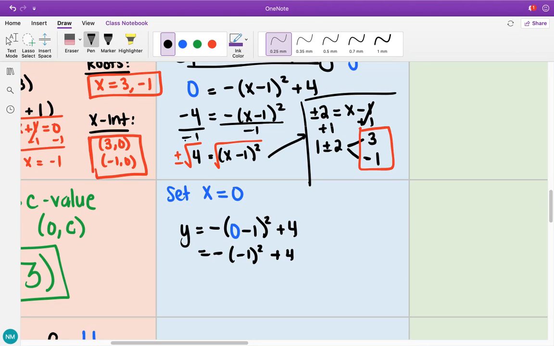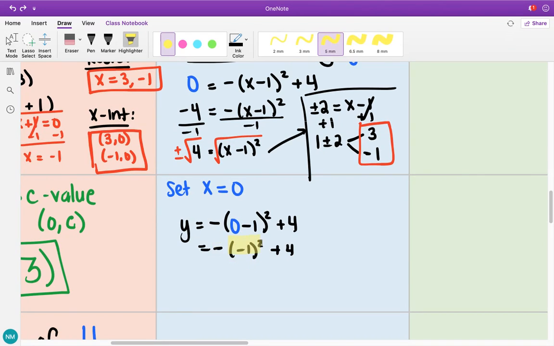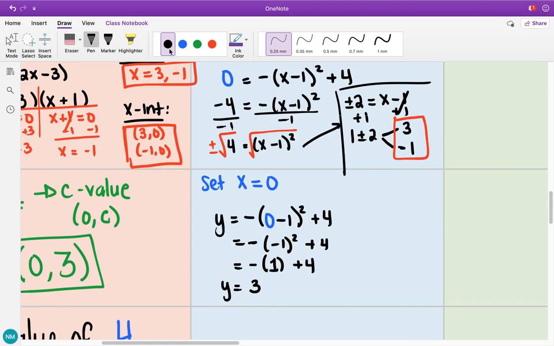Now here's where you don't want to make this mistake. -1 doesn't become a +1, because PEMDAS, my order of operations, tells me to square it first. So I'm going to square it first. So I get -1 squared is +1, and then negative 1 plus 4 is 3. So y equals 3, which is the same thing we get here.